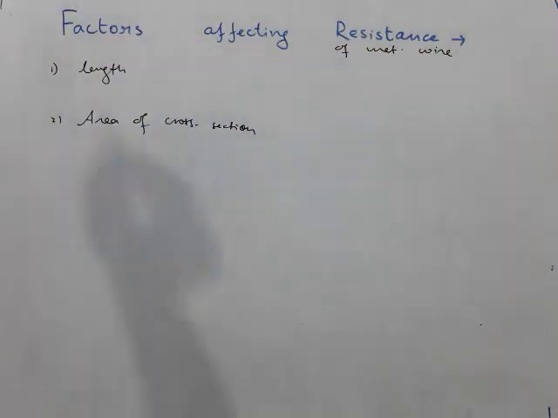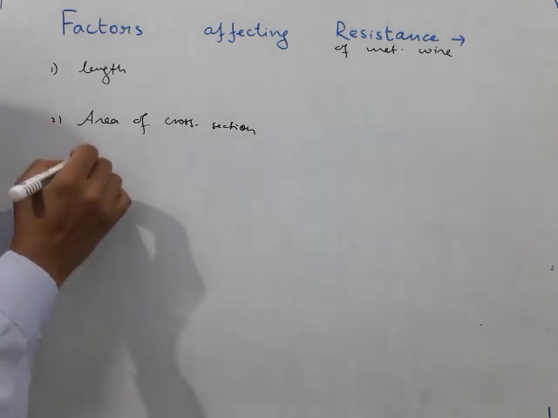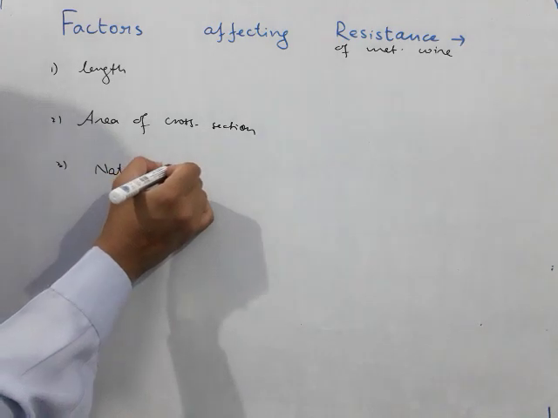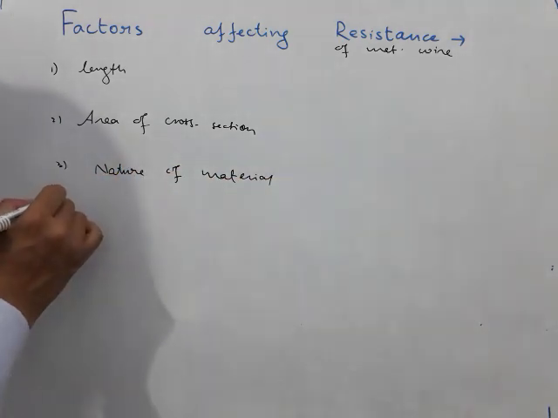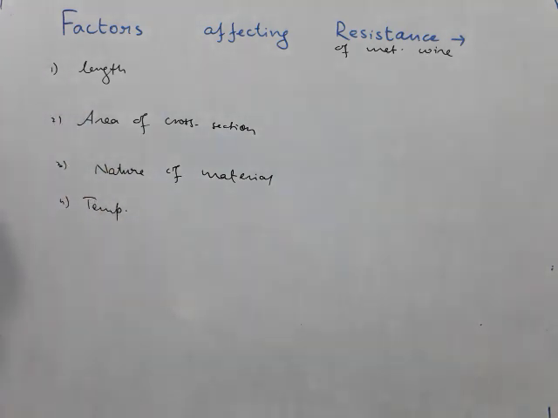For that, these are the factors. Then we have nature of material, of course, and there are some other physical factors like temperature. These are the factors affecting resistance of a wire. Let's see one by one.